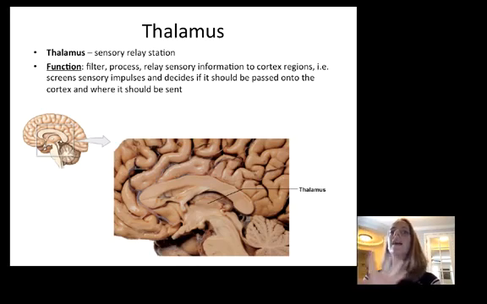So there is a lot that we are unconsciously filtering out that we don't pay attention to, because the thalamus is not sending it up to the cerebral cortex. So it is filtering, processing, and relaying sensory information to the cortical regions. It's basically screening, or it's the gatekeeper for sensory information, deciding what should be passed on to the cortex and where, what areas should it go to, visual or auditory regions of the brain.